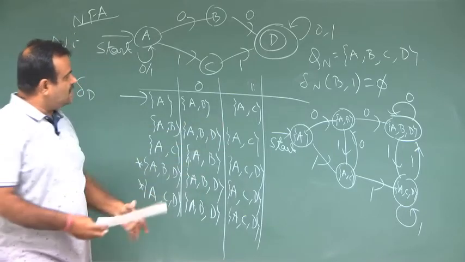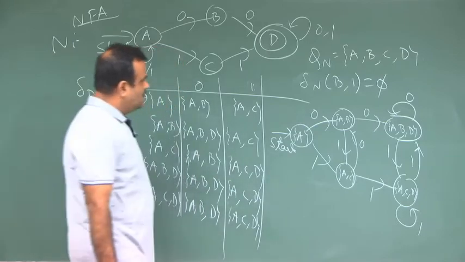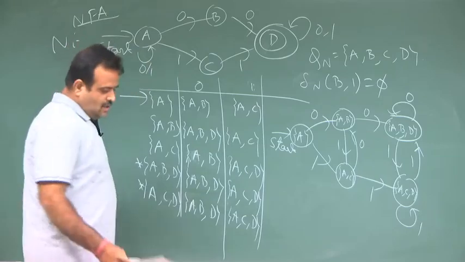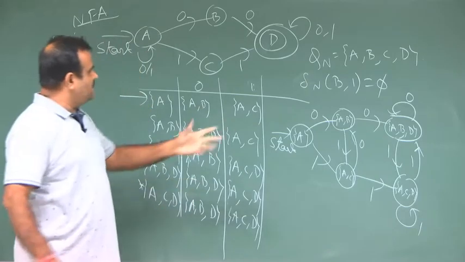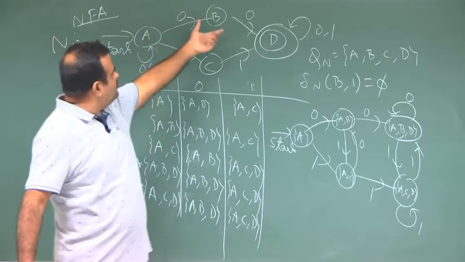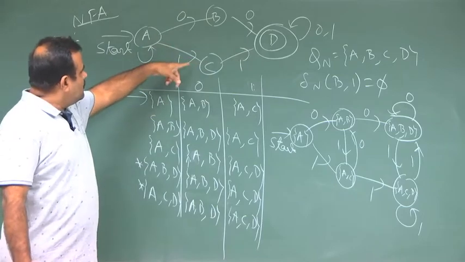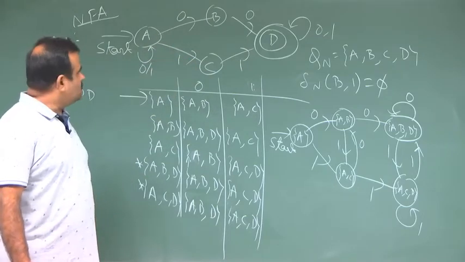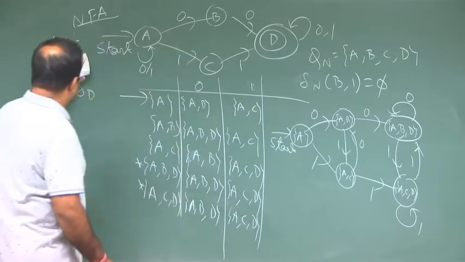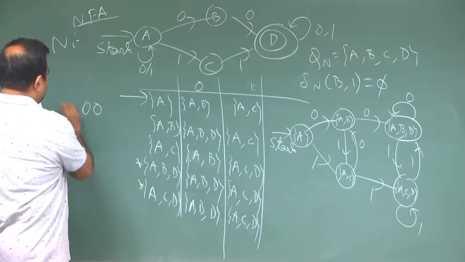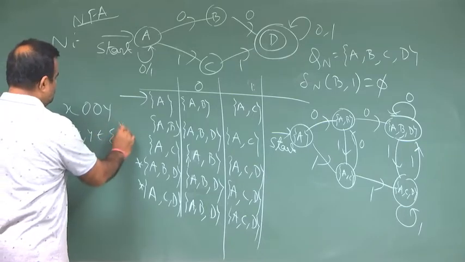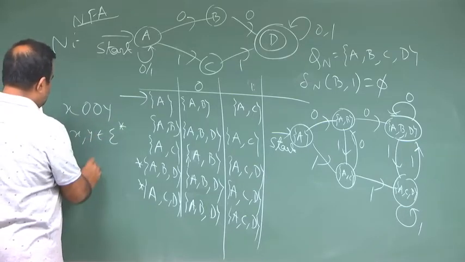Okay. We can just rename these as other symbols like P, Q, R, S, T. These are just notation. So, this is the equivalent DFA, and both are accepting the same language, which is strings containing 00 or 11.